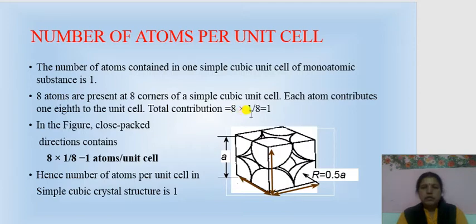Hence 8 into 1/8 is equal to 1. Here in the figure, the close packed direction contains 8 into 1/8, that is equal to 1 atom per unit cell. Hence the number of atoms per unit cell in a simple cubic crystal structure is 1.